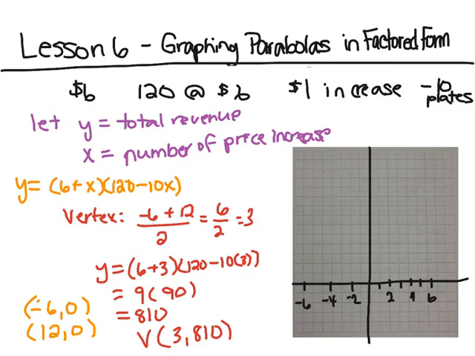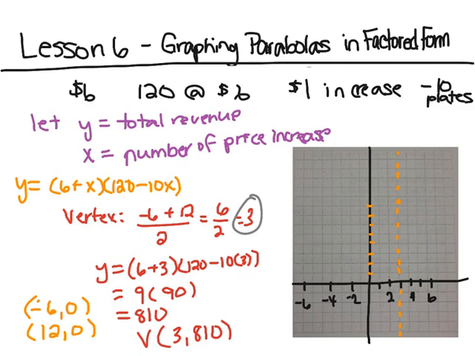We know our axis of symmetry is at our vertex, so x equals 3. You can't really see that I drew that in, so draw in your dotted line. We know our vertex is at 810, so 100, 200, 300, 400, 500, 600, 700, 800, and 10 is about right there.